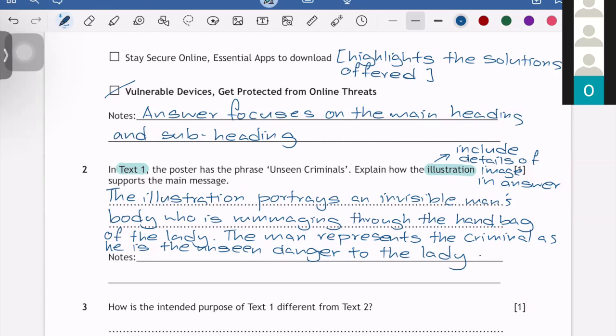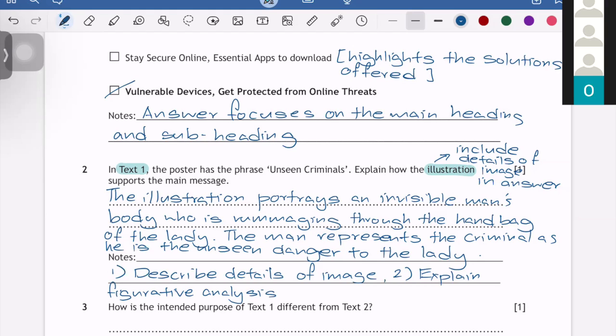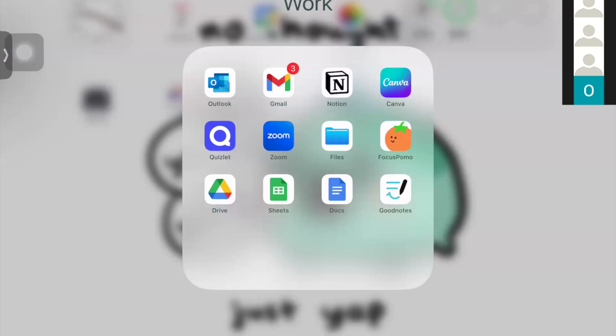So notes to include for this question: describe the details of the image and then explain the figurative analysis.